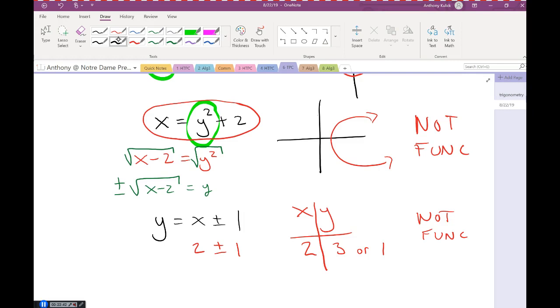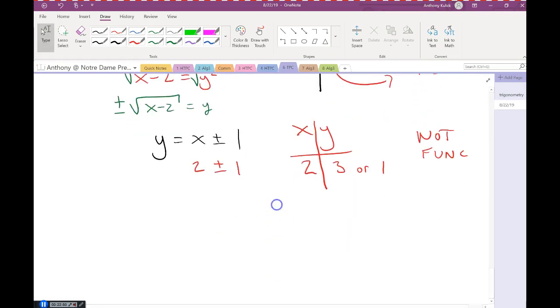So those are the kinds of situations, at least for an equation, that you'd have to worry about. The only other thing I can think of that would be a reasonable expectation would be something like this.